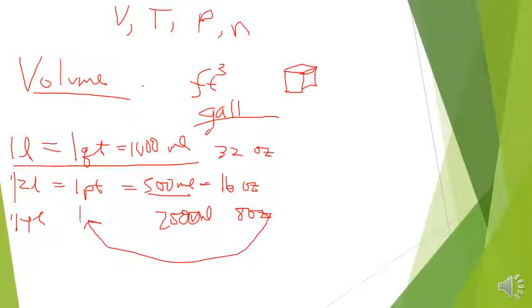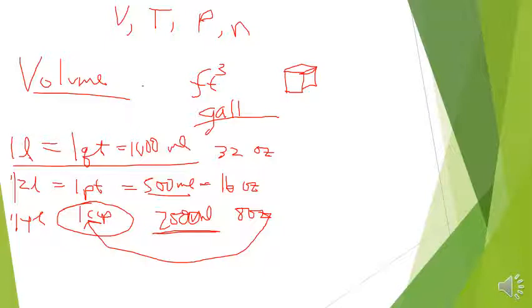And what is 8 ounces? 1 cup. If you just go and get yourself a coffee cup, that's 1 cup, and that's approximately 250 mils. So if you had 4 of those, you would have about 1 liter.